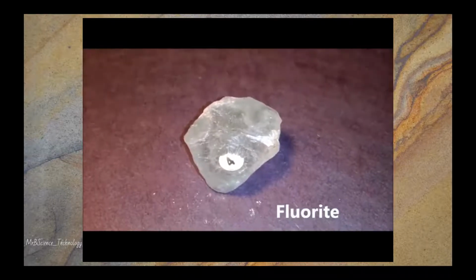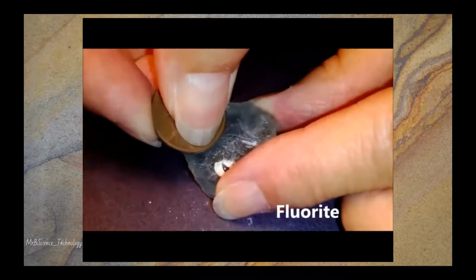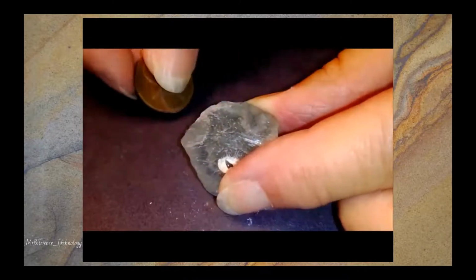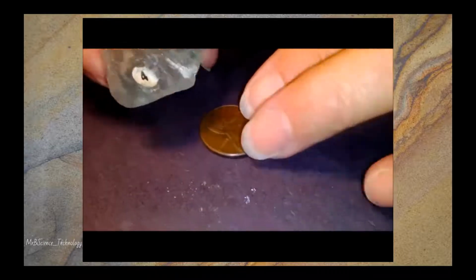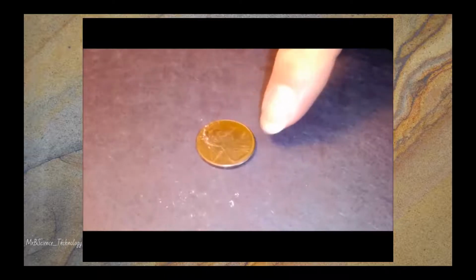Okay, now she's got the fluorite. And yes, okay, I was correct, thank goodness. So the penny was able to scratch the fluorite because it is at a 4.5. Rats, I was wrong. The penny must be a 3.5 because she scratched it.